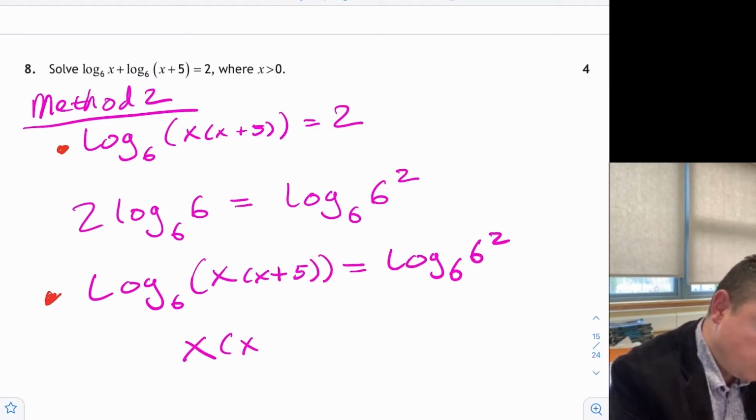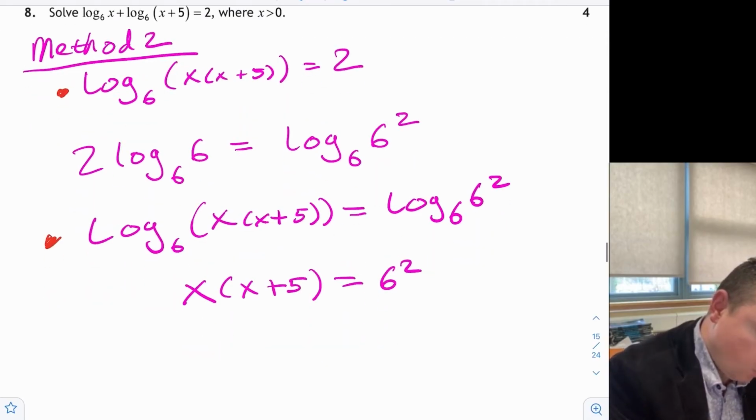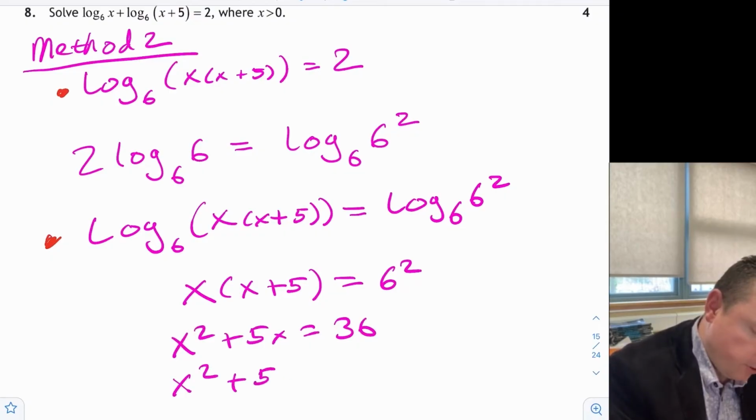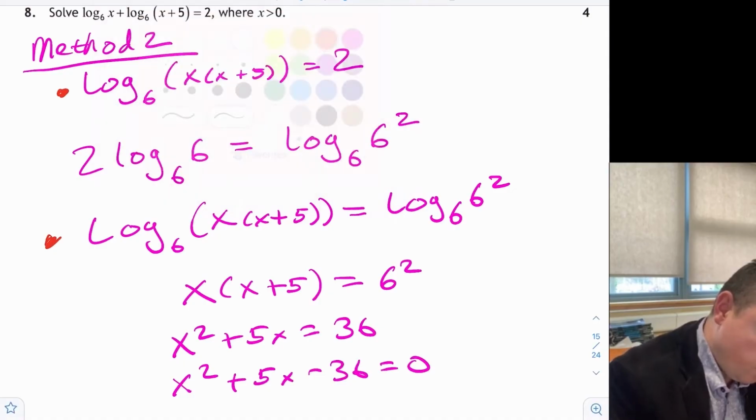And then we can cancel the logs from both sides to just write x plus 5 equals 6 squared, or x squared plus 5x equals 36. And it continues in the same way as the last method. Minus 36 is 0. There's our other mark.